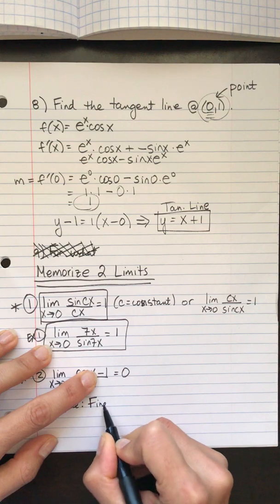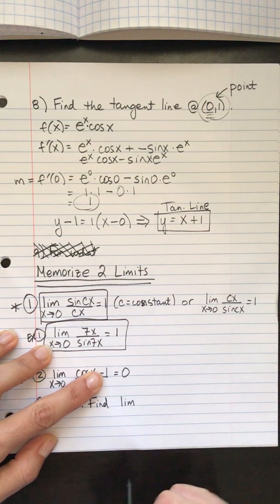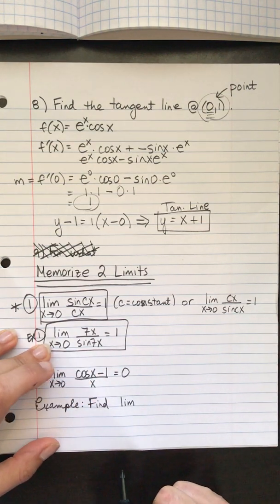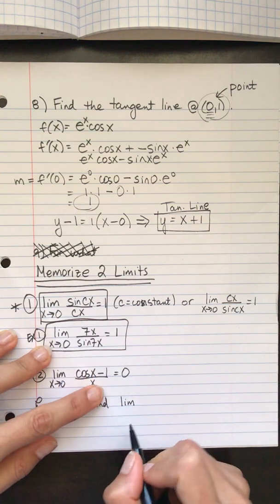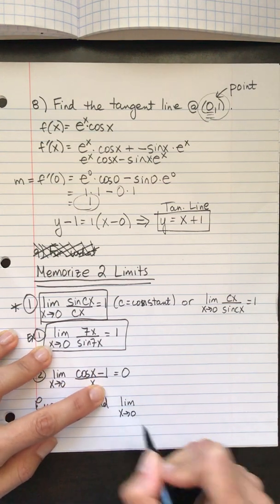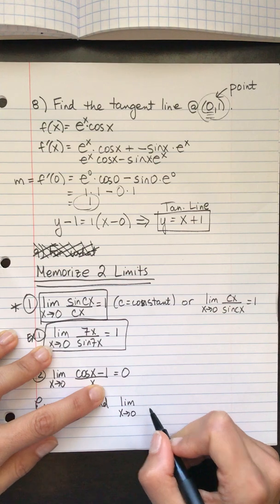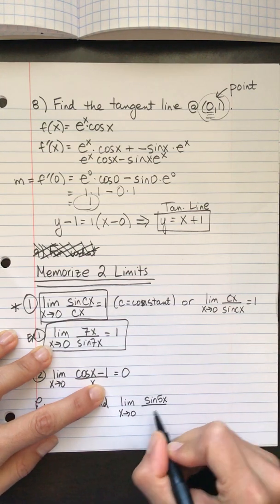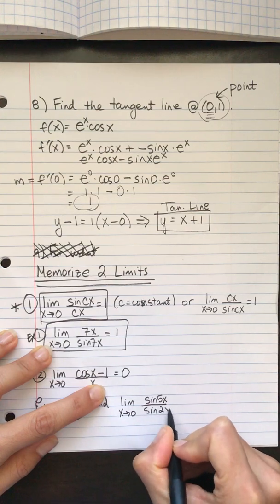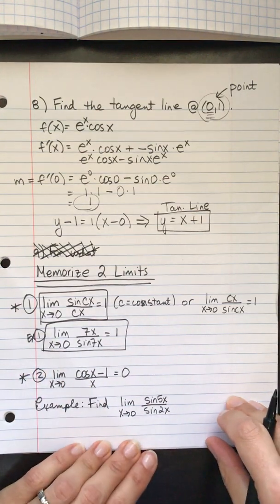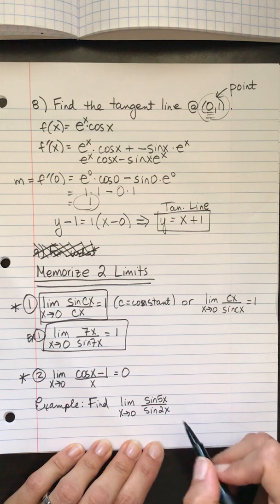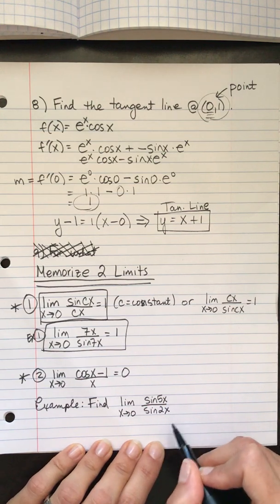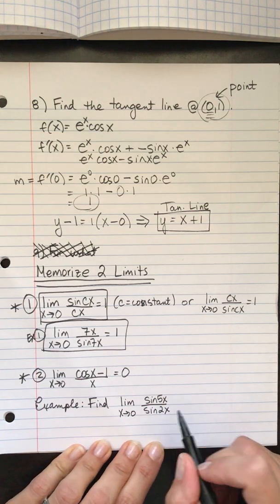Find the limit as x approaches 0 of sine 5x over sine 2x. People oftentimes want to cross out sine or reduce. You cannot do that here. This is not multiplication.